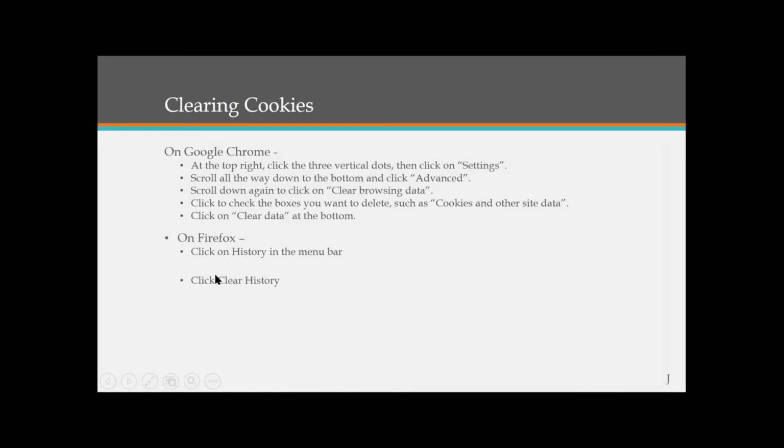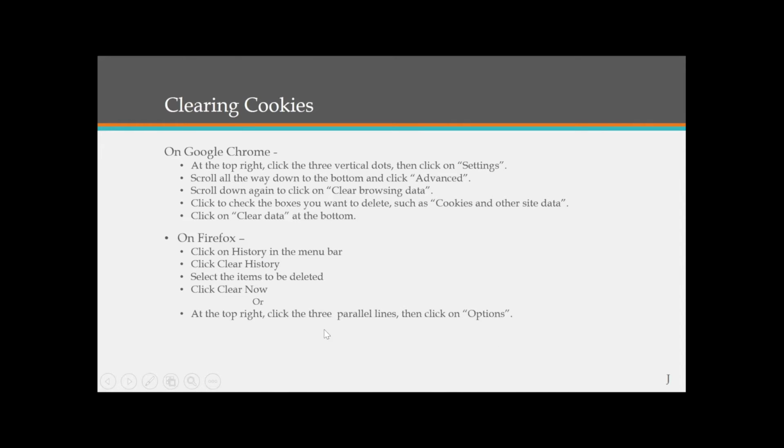It's a similar process for Firefox. For those of you who might be using Firefox, you have a menu bar, you click History, you click Clear History, and then select what you want to delete, and then click Now.